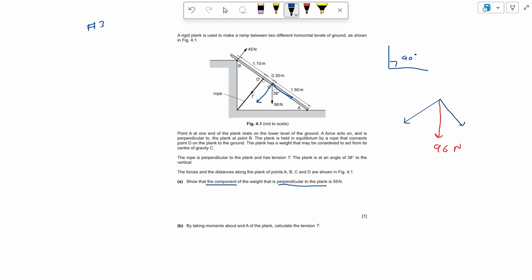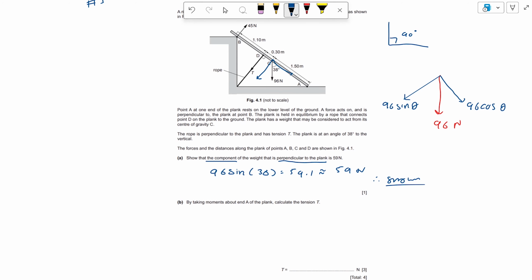So our vertical component is going to be 96 sine theta, and our horizontal component is going to be 96 cos theta. So the answer is going to be 96 sine 38 is equal to 59.1, which is equal to 59 newtons, shown.